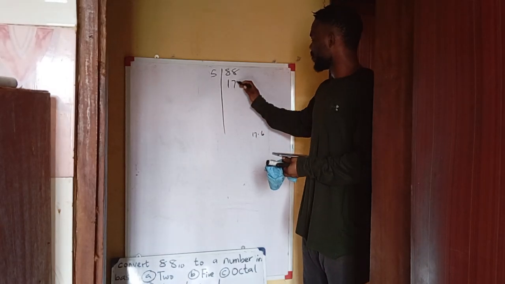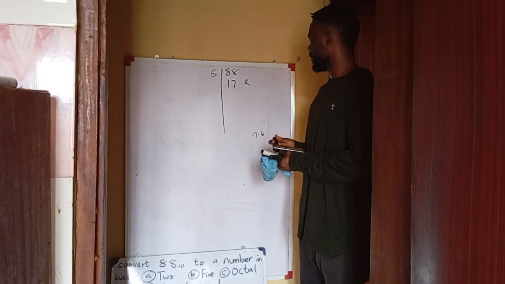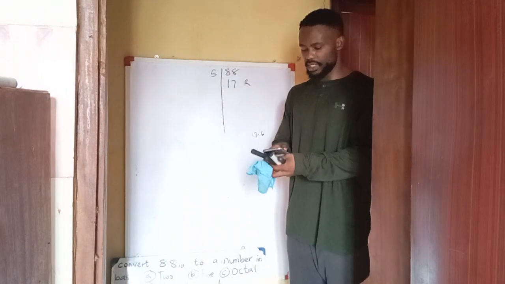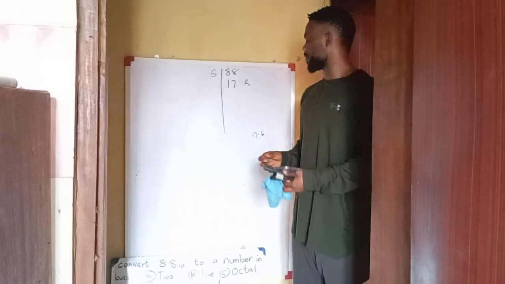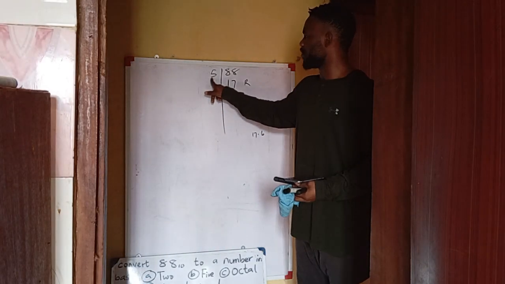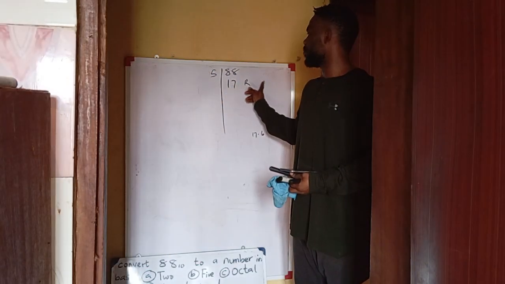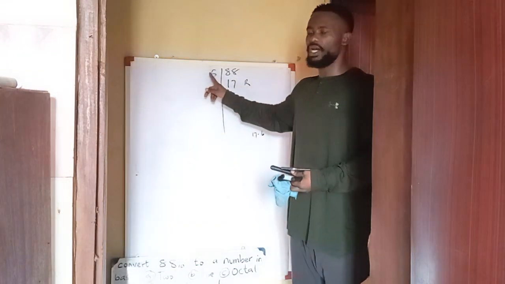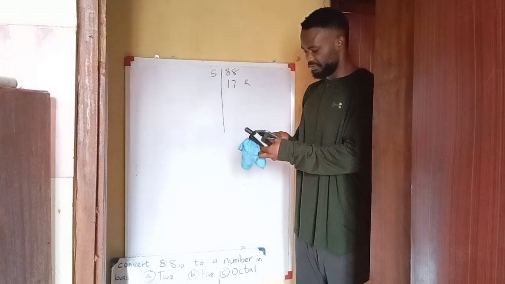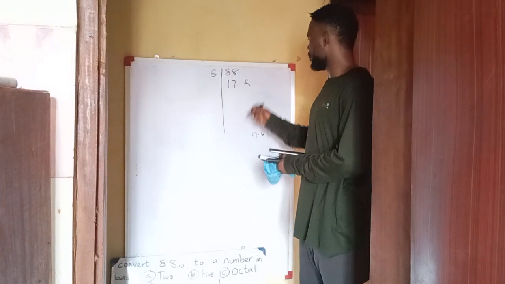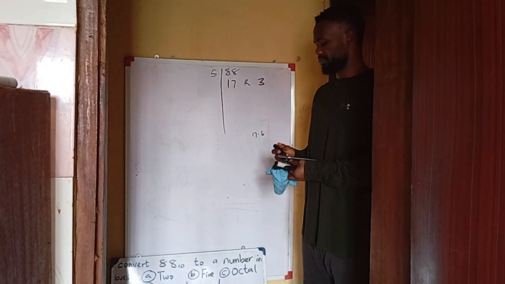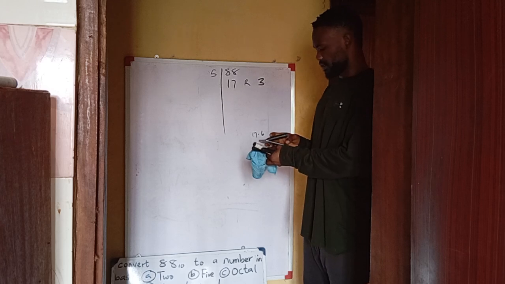Now, what you do is just write the 17, then write a remainder. That 0.6 you use and multiply by the base you are converting to. Assuming what I have here is base 8, I'll use that 0.6 and multiply. Here it is base 5, so I'll simply do 0.6 times 5. It is giving me 3. I write remainder 3.